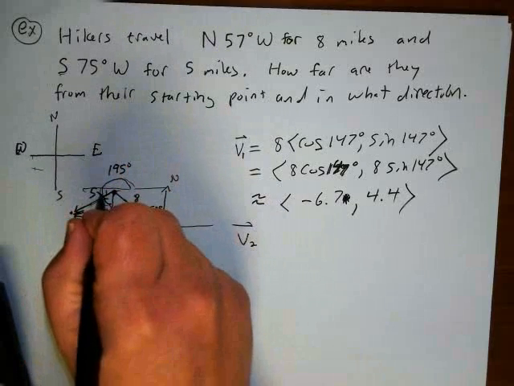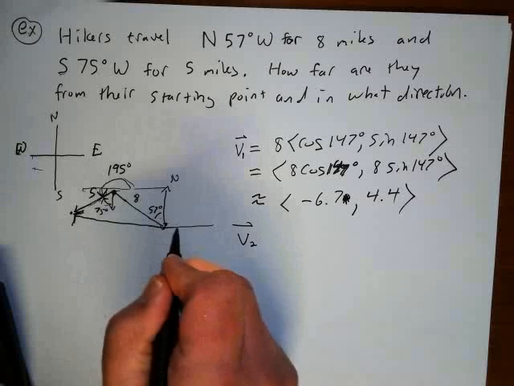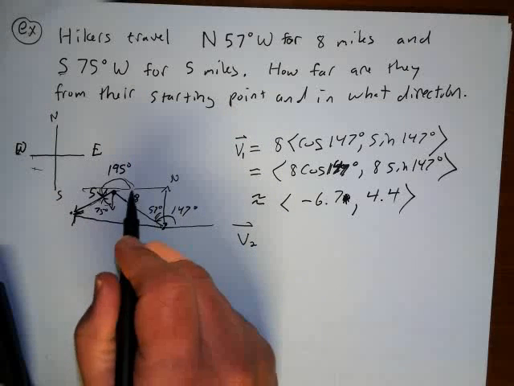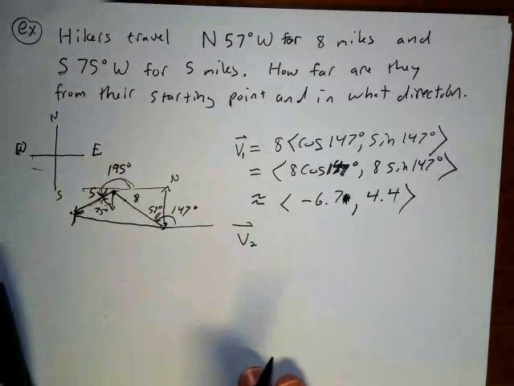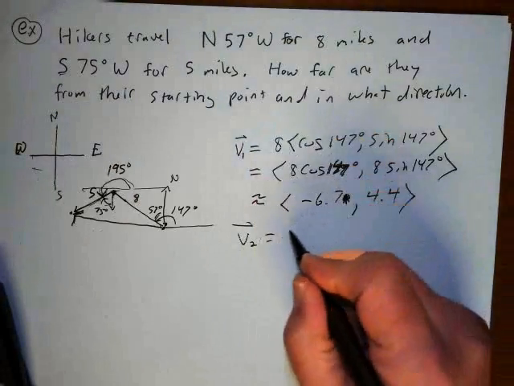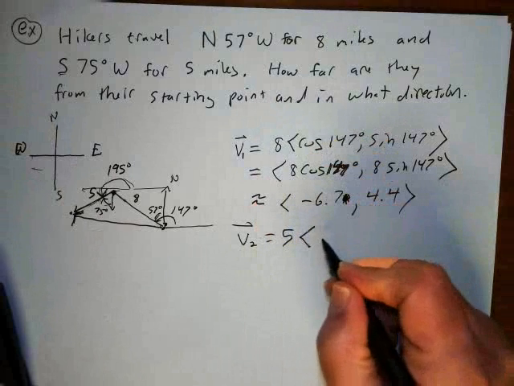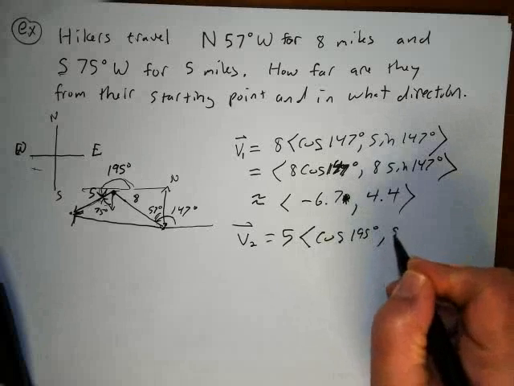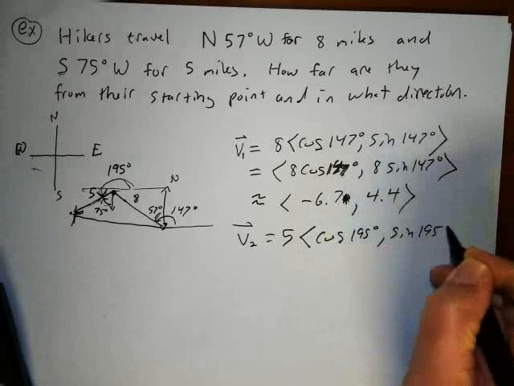This angle, which I should have written there, is 147 degrees, and this is 195 degrees. The magnitude is 5, so 5 times cosine of 195 degrees, sine 195 degrees.